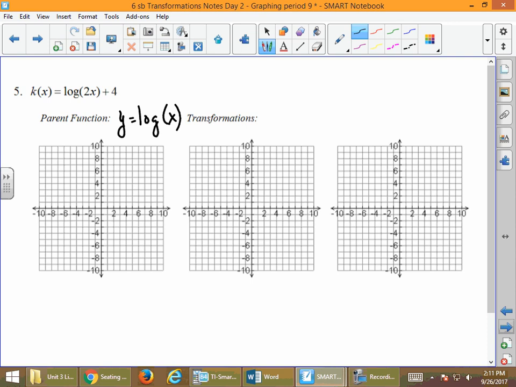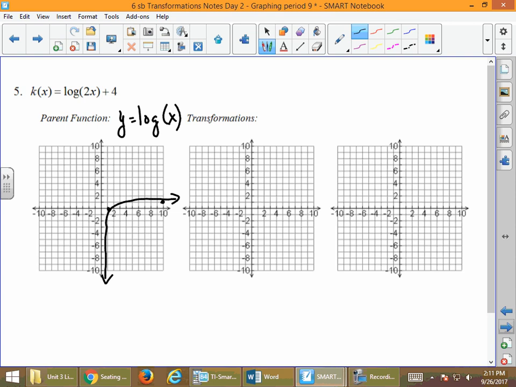And remember, we're not going to touch the y-axis on this graph. And I have to stop and think about the points for a minute, but they are 1, 0, and 10, 1. There's our graph of our logarithm. That's our parent function.